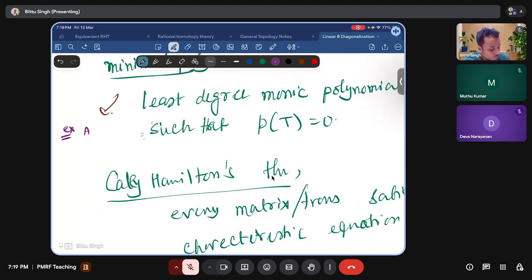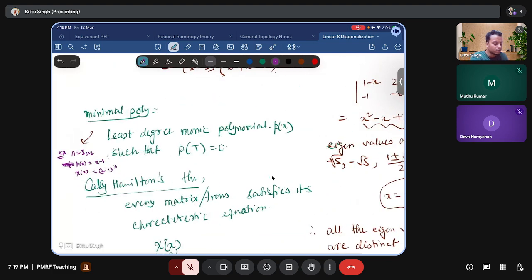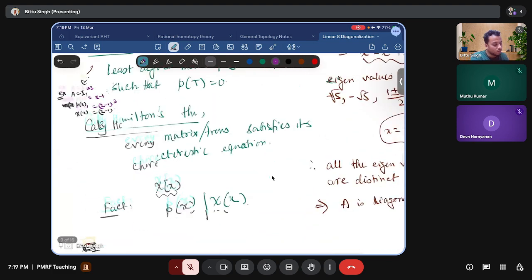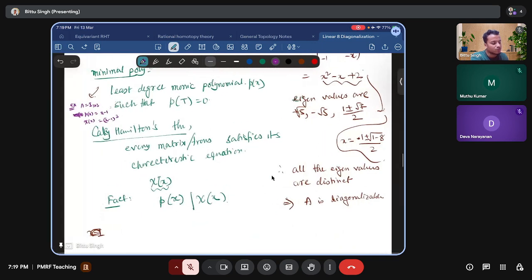For A equal to the identity matrix, the minimal polynomial p(x) is x minus 1, but the characteristic polynomial chi(x), supposing it is the 3 by 3 identity matrix, is (x minus 1) cubed. So though it is diagonalizable, those can be different, but here the eigenvalues are actually distinct. So we can use this fact in this case.